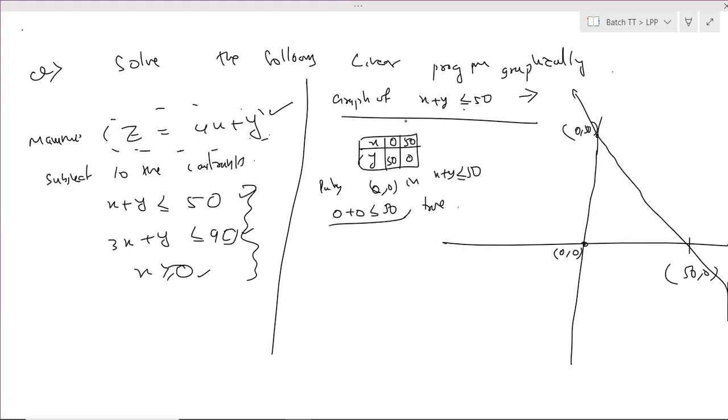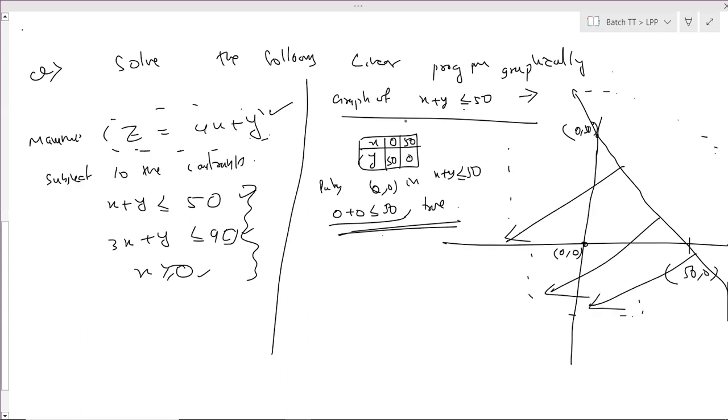So this line has divided the whole graph into two areas. If this statement is true, then this will be the area required. This is our solution area, the feasible region.